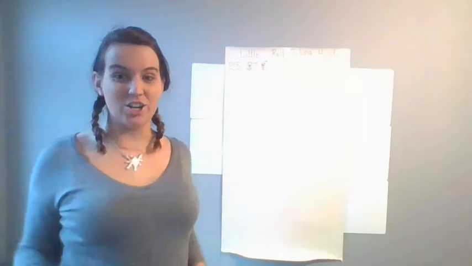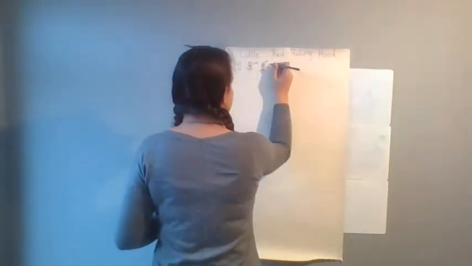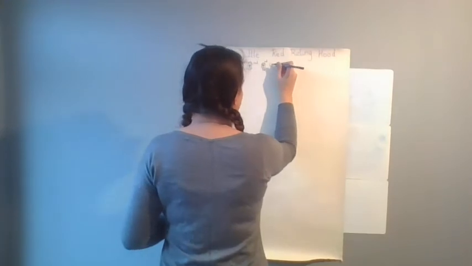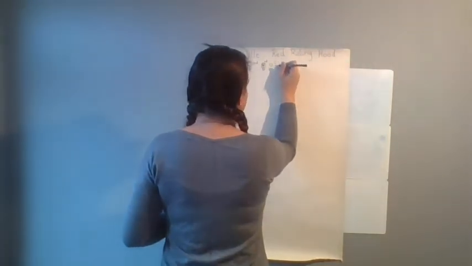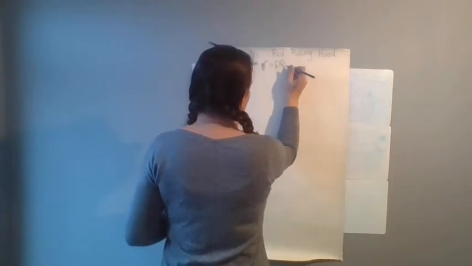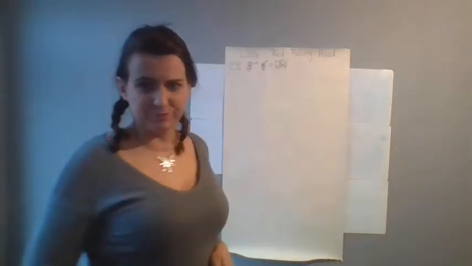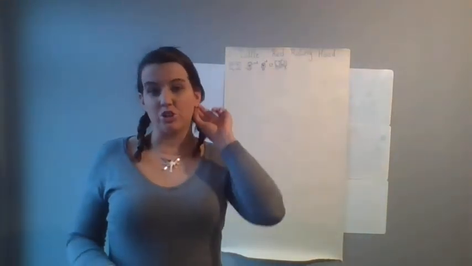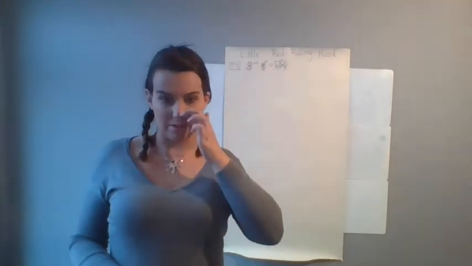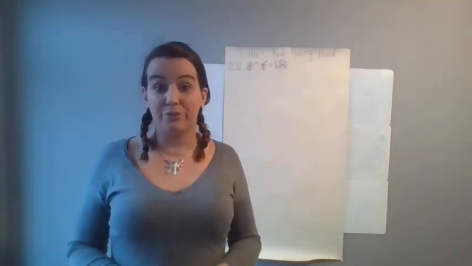Little Red Riding Hood lives in a house in the forest. So I'm going to draw a little house and then a forest. And now that we know forests have lots of trees, I'm going to draw lots of trees. There we go. Okay, what sound does forest start with? Forest. Well done.